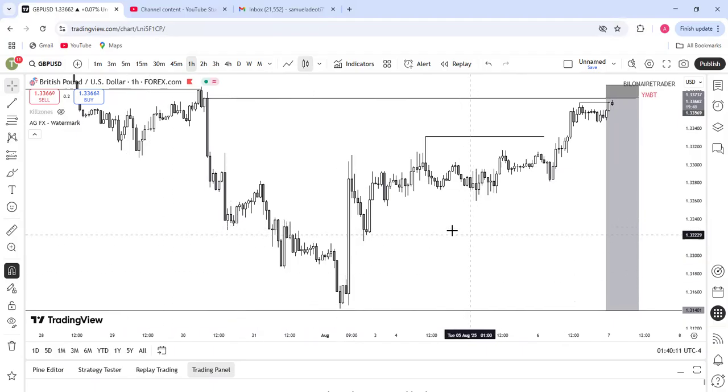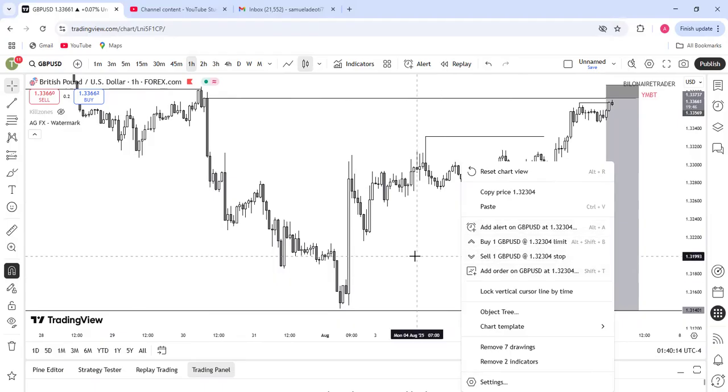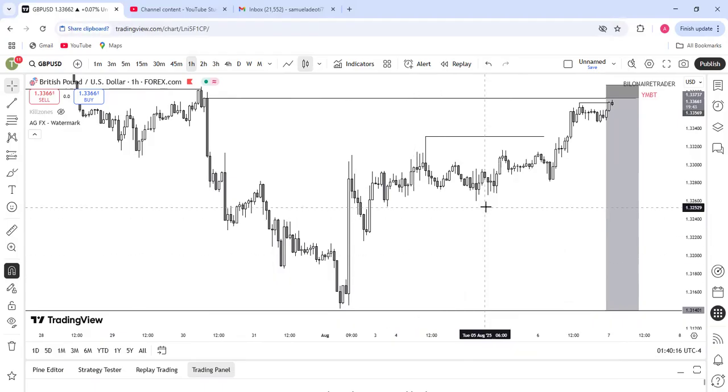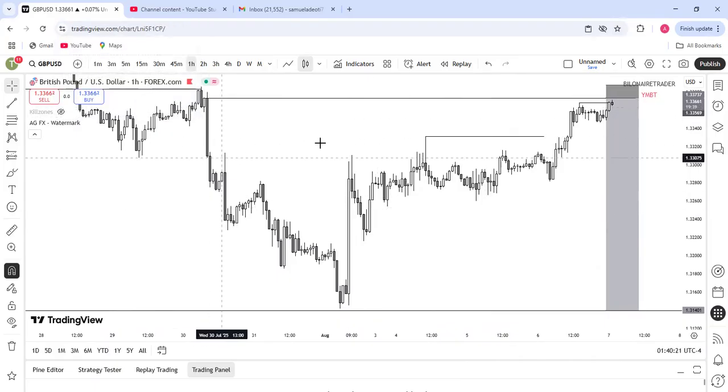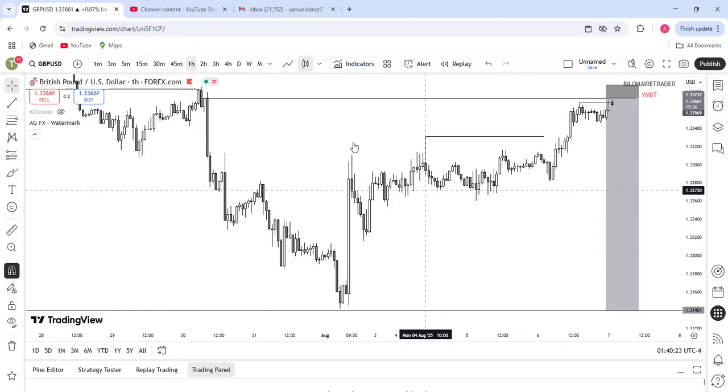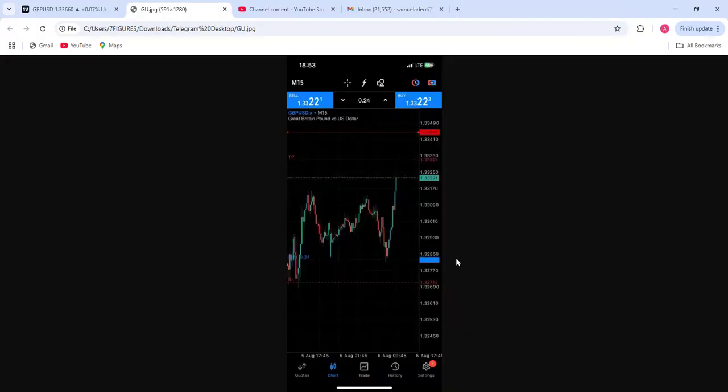Let me see if I can come in. Hold on. Let's see if I can pull up that trade. Okay, so I don't know if you can see the trade.